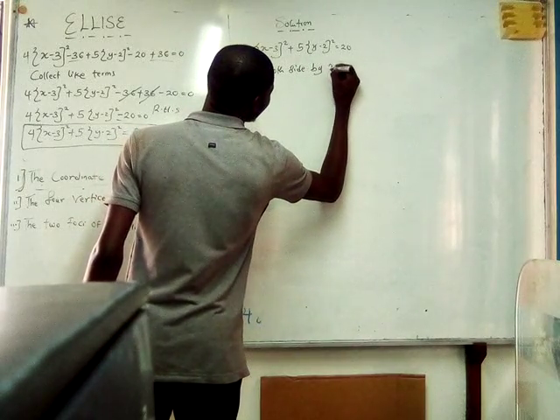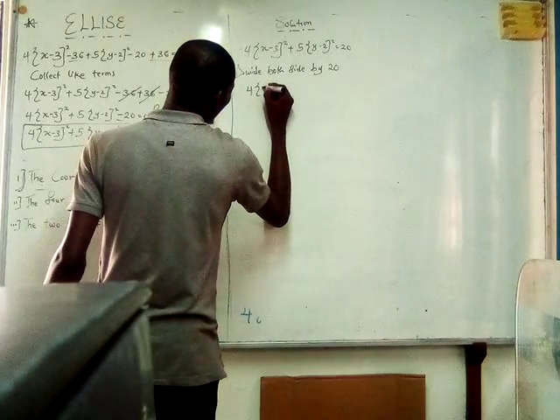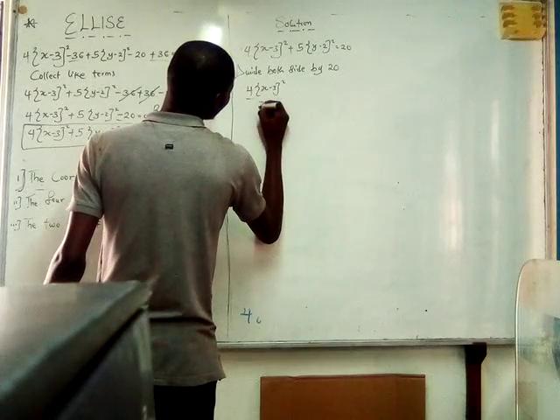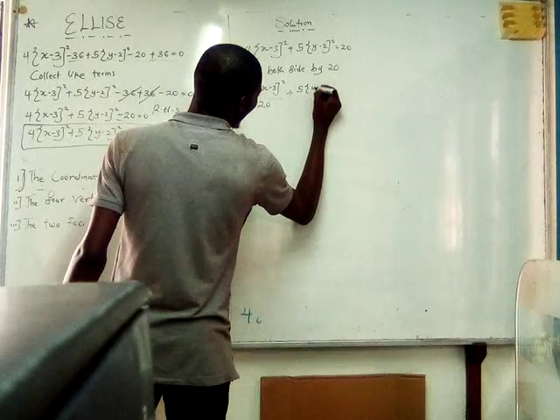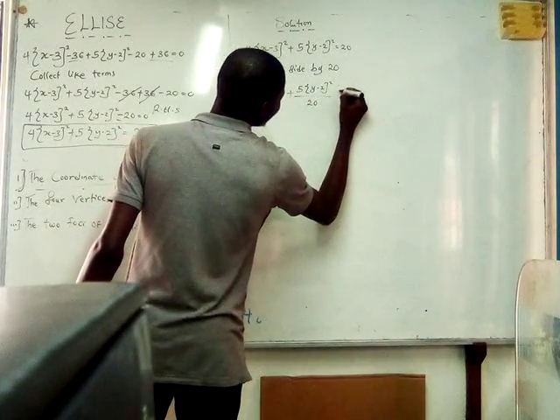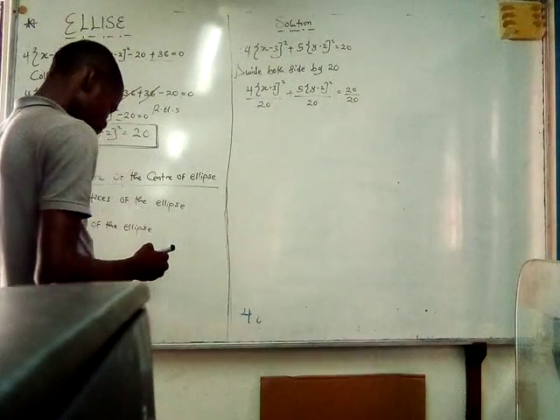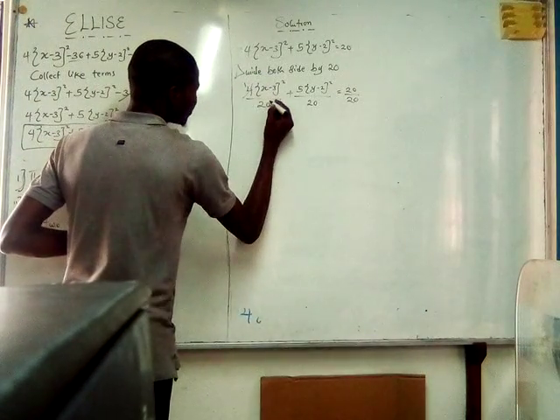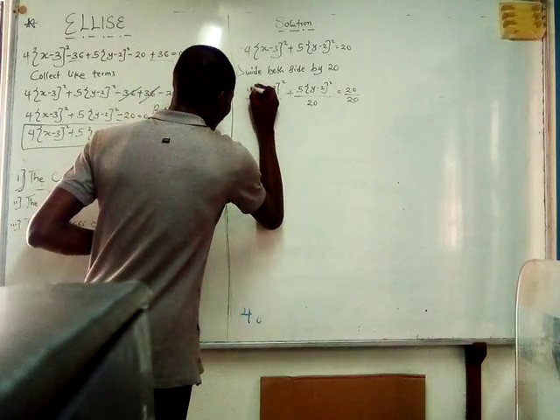So we are going to have 4 open bracket x minus 3 raised to power 2 over 20 plus 5 open bracket y minus 2 raised to power 2 over 20 equals to 20 over 20. Let's break it down.